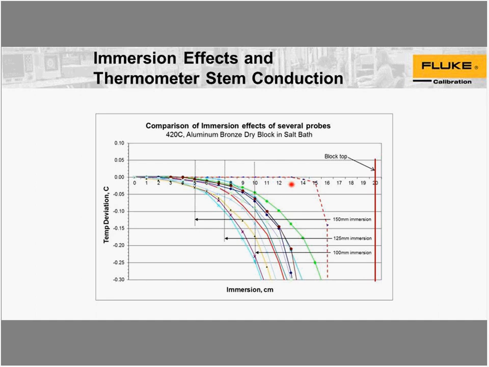You need to have the set temperature immersed to the top of the sensor. If it's immersed at least 100 millimeters, then most of that will be a non-issue. But the deviations start to increase rapidly as the top of that sensor approaches the top of the fluid level.